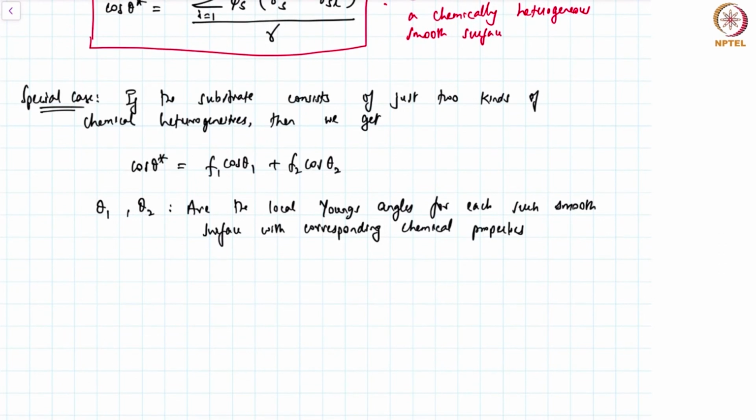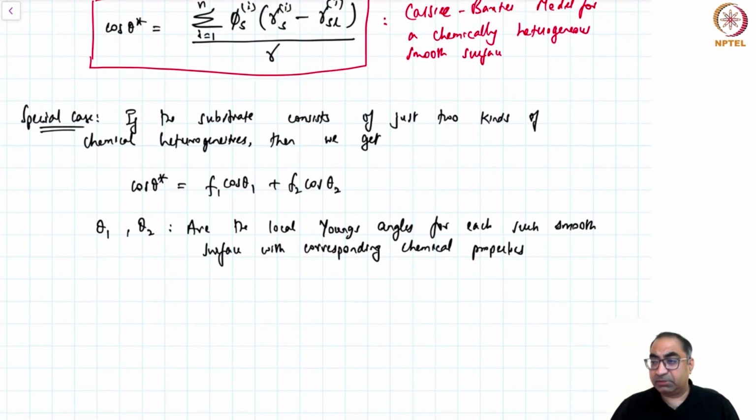So if we have just two kinds of heterogeneities present on the surface, the summation in the above model just goes from 1 to 2, and all I have to do now is to sum it over both those kinds of surface. So for example, I could make a surface which is partly coated, let's say with silanization, where you change the local contact angle, but I do the silanization on the surface in some kind of a checkered pattern, or selectively on certain parts of the surface.